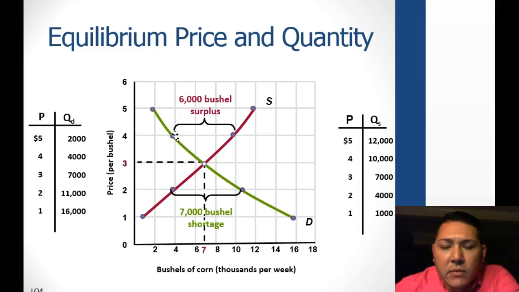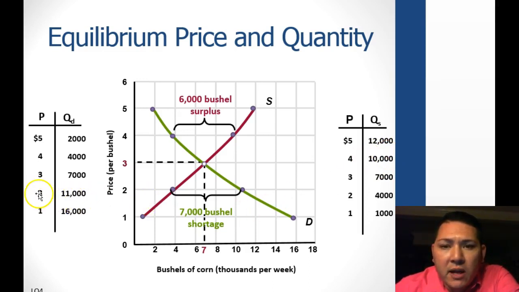At $4, we're willing to supply, going over to our supply line, 10,000 bushels. But demand is only 4,000 bushels. So people only bought 4,000 of our 10,000 bushels produced, which means we had 6,000 extra bushels left over.